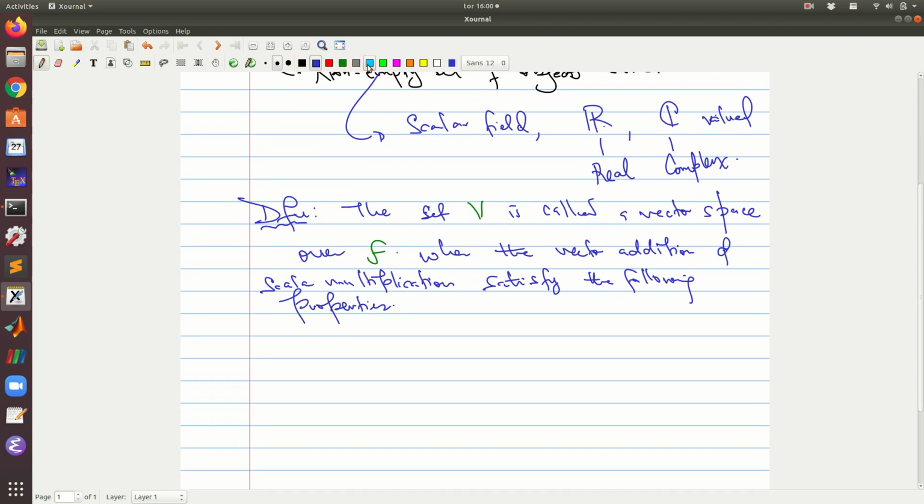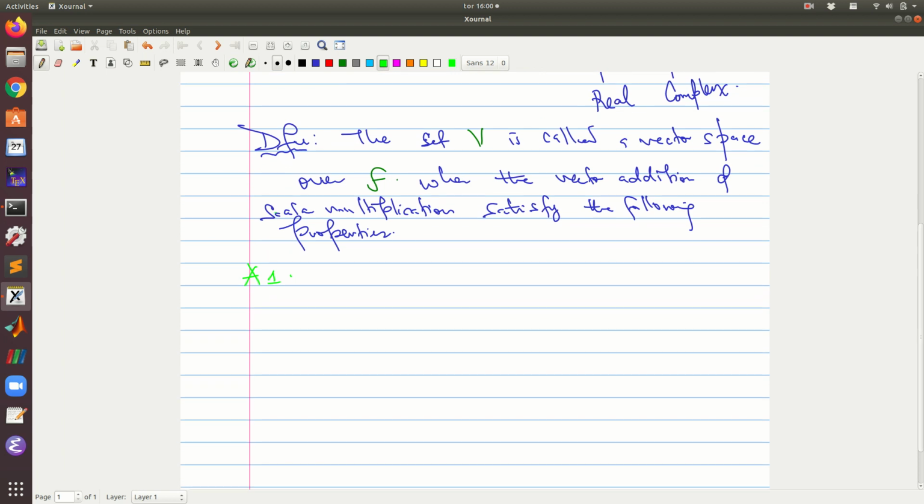So we shall denote the ones which are addition by A. So when we say A1, it will mean the first one for addition. So what does the first one tell us? Let us just state that we have x, y and z, which are vectors from V. Then A1 tells us that x plus y is also the sum of two vectors.